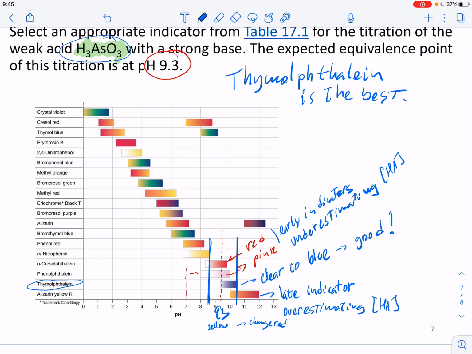Of course, from this point to the left, these are all acidic indicators, meaning if you are expecting an acid pH at the equivalence point, you would use one of those. The closest to the actual equivalence point pH, the better to detect what the change is. All right.